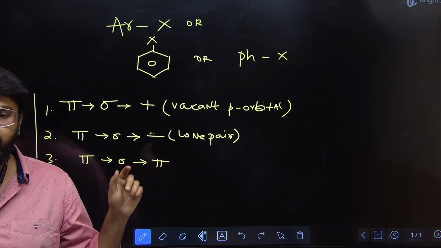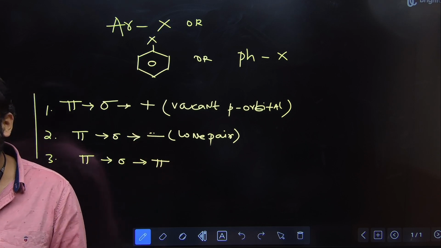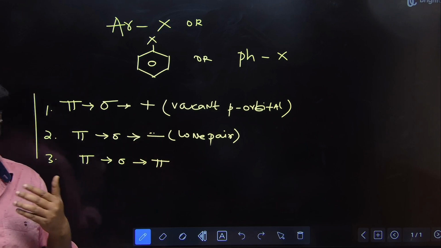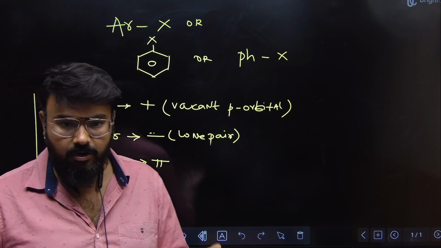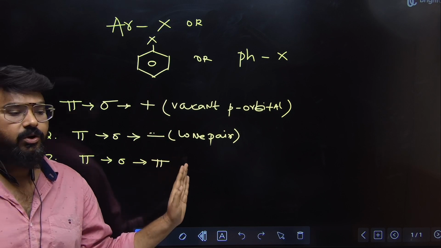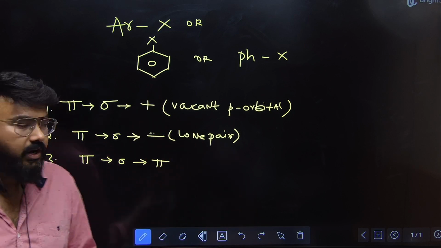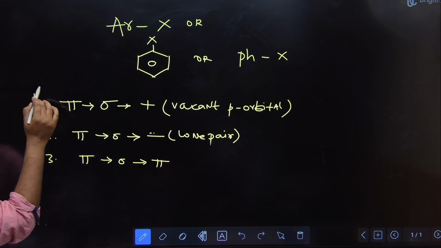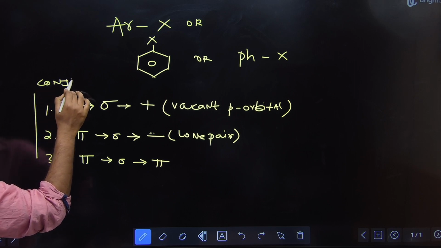So if you see, the first two parts are common in all of them: pi bond, sigma bond, then plus, minus, or pi. Pi means the multiple bond, double or triple bond. Sigma means single bond, right? So if you come across any of these three patterns, what are these patterns called? Conjugation. Okay.